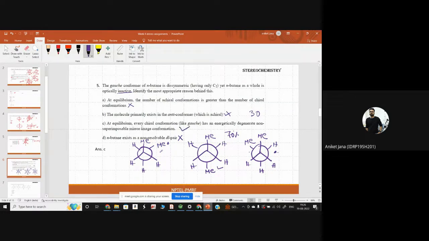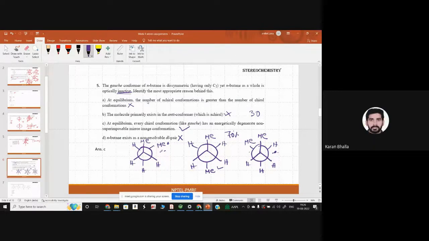At equilibrium, every chiral conformation like gauche has an energetically degenerate non-superimposable mirror image conformation, right? So this one has the mirror image of this one, so the optical rotation will be exactly the same but in the opposite direction. So they cancel each other out, and the molecule as a whole remains optically inactive, right?